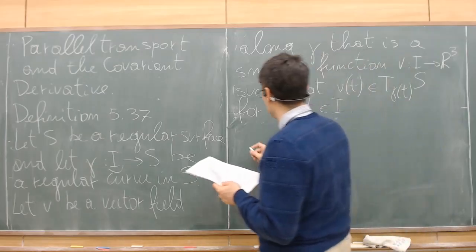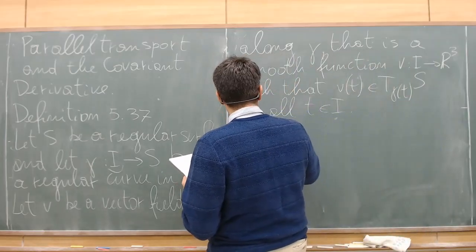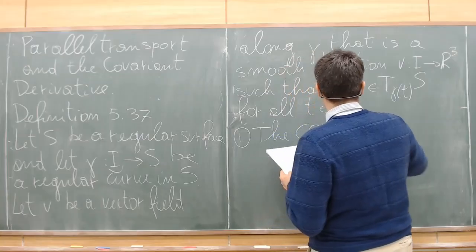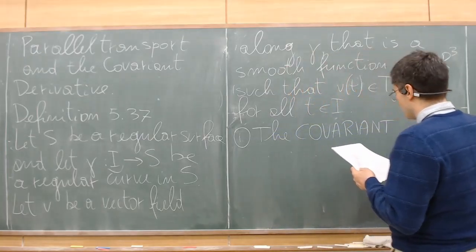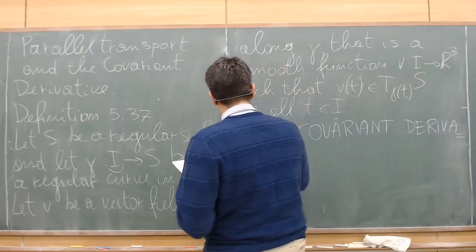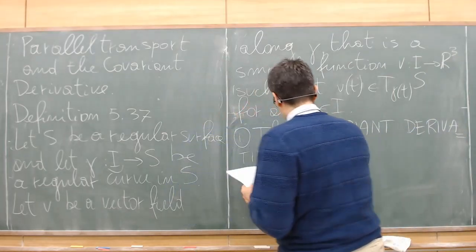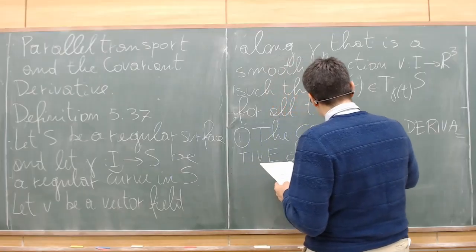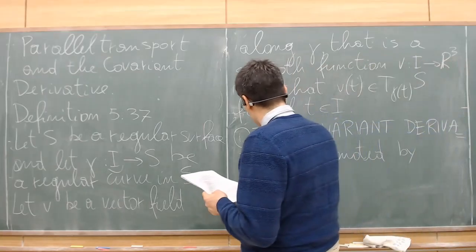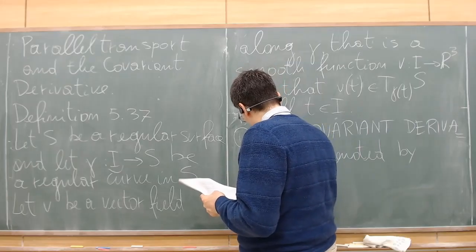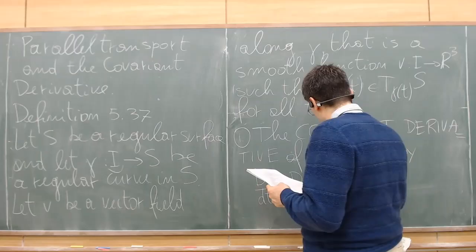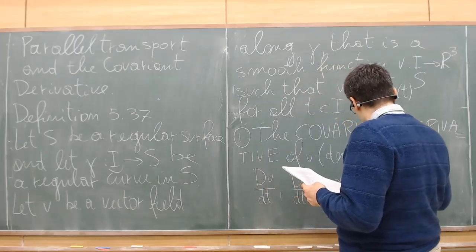And the definitions I need in the sequel are the following ones. The covariant derivative of V, denoted by dV/dt or D_t V or V prime.